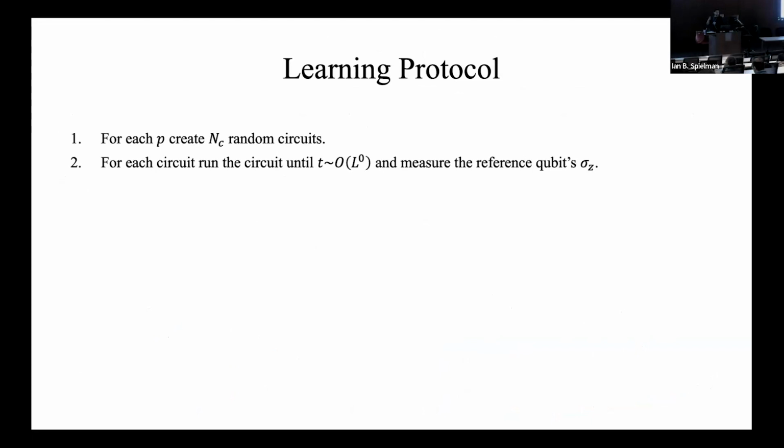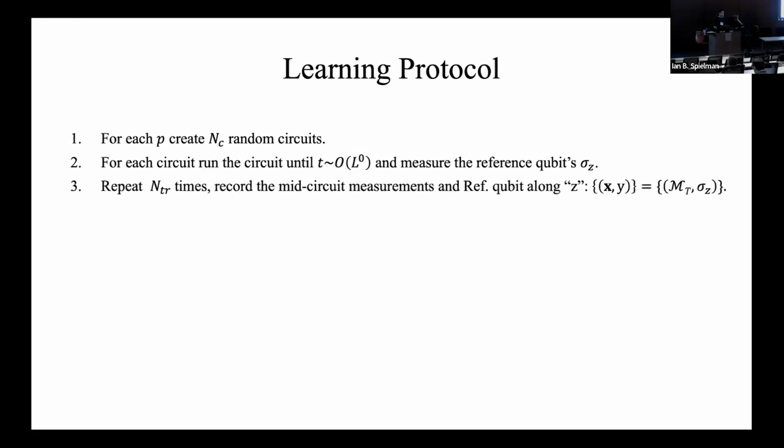Then we measure the reference qubit at the end of that time evolution, for example sigma z of it. We repeat this experiment many times, and we record the mid-circuit measurements and the associated labels for the spin z. These are our inputs and outputs.